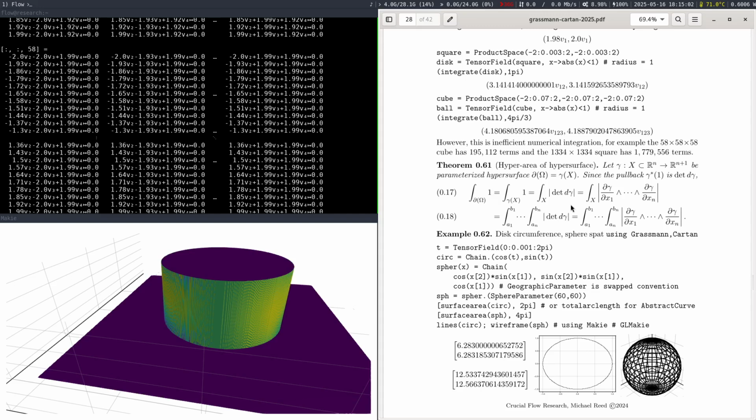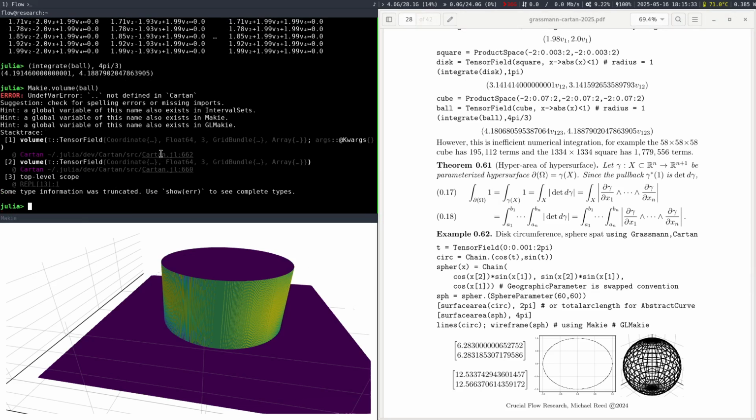Okay, so now we use a parameterized hypersurface to calculate this, and it's the absolute value of the determinant of this exterior product. Okay, and x can be parameterized as a1 to b1, if it's like a grid like this. The disk circumference and the sphere surface. So let's try those out.